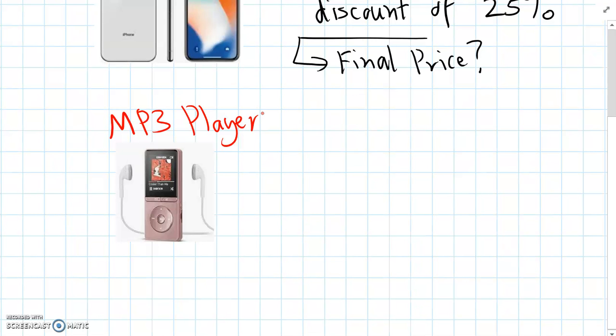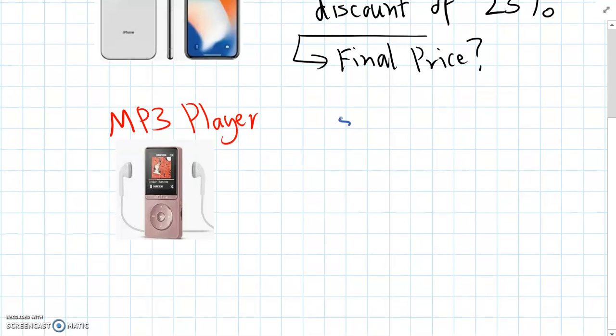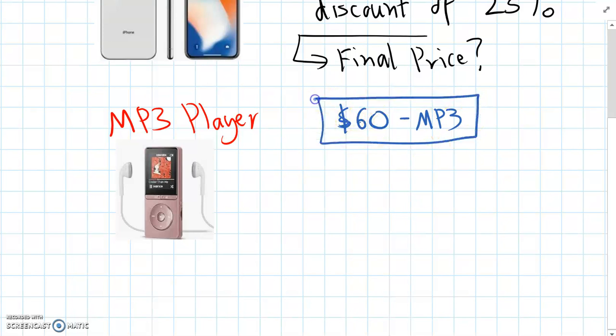So let's say we have a shop that's trying to sell MP3 players and pretty much nobody buys them these days, obviously. So originally they have their MP3 players for $60 advertised. The shop's not selling any MP3 players for $60.